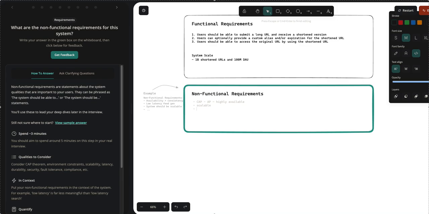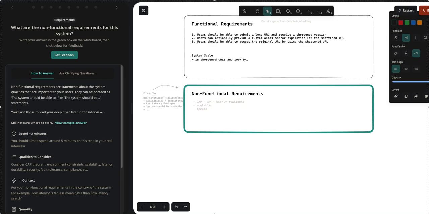I would say the system should also be secure, let's say. By that I mean, for example, things like setting expiration date, or well, expiration date is not straight away part of security, but it could be in some ways.